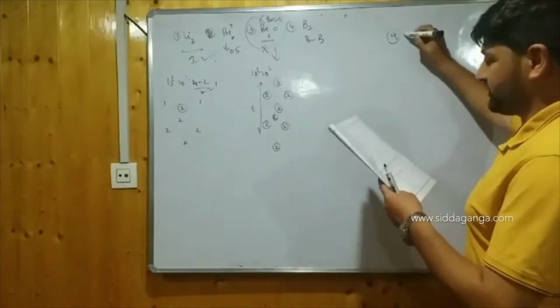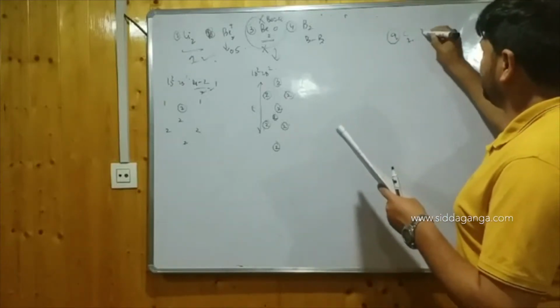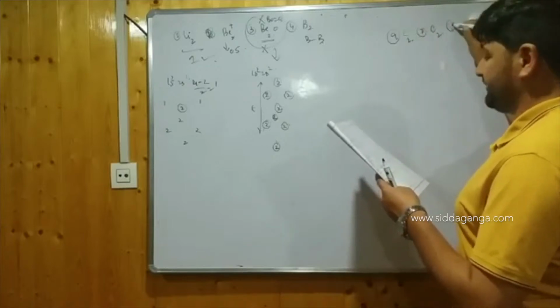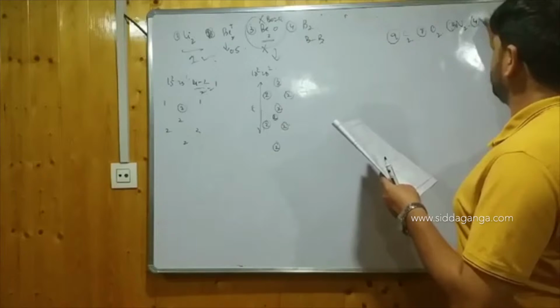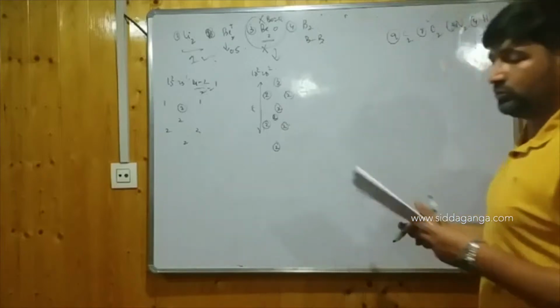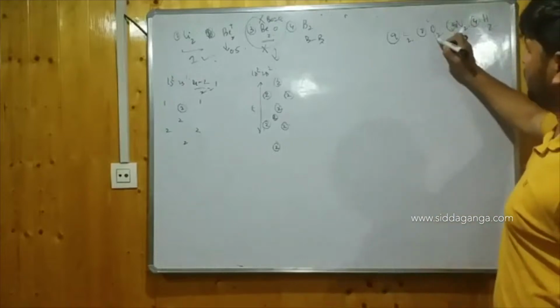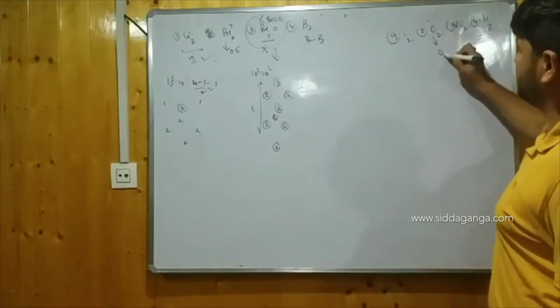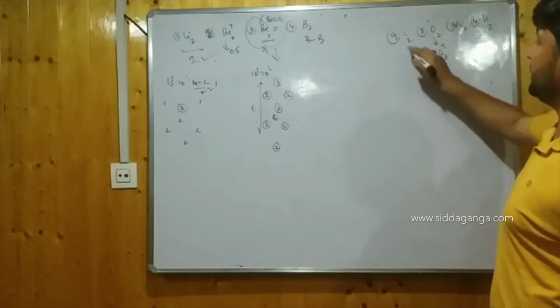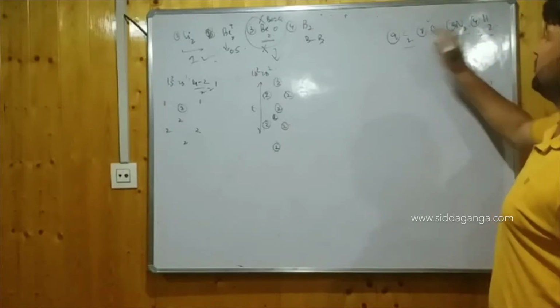The options are C2, O2, N2, and H2. Definitely the answer will be O2. The reason is that in O2, when you remove the electron and convert it into O2 plus, the electron is removed from antibonding. In all of the others, the electron has to be removed from bonding.